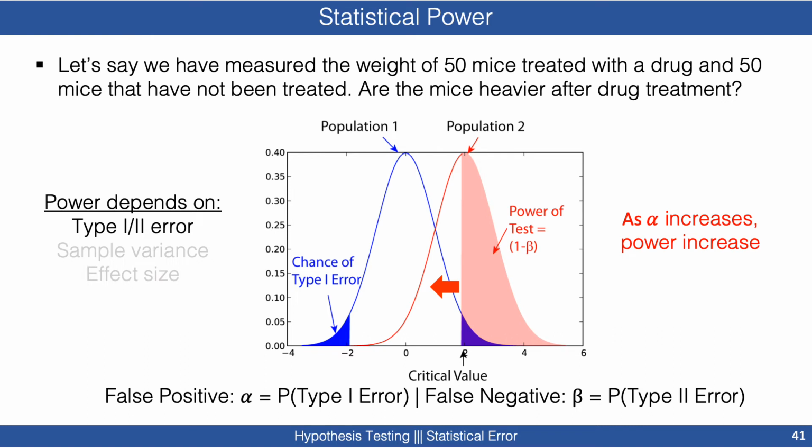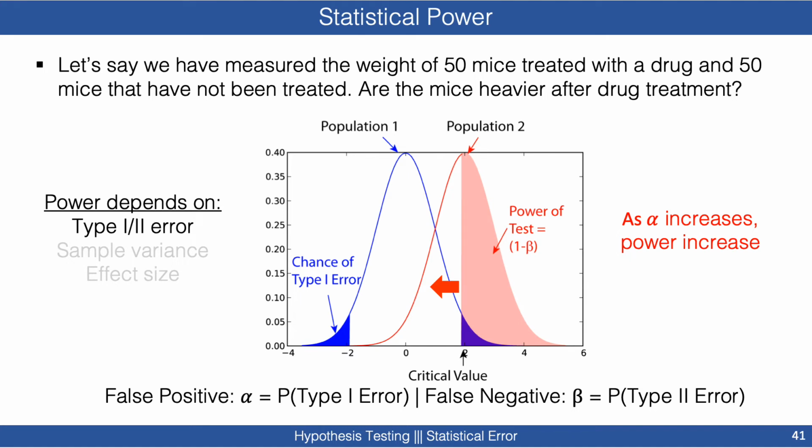As alpha is greater, you are moving your shaded pink to the left, but you are also incurring a higher type 1 error rate. So changing your significance threshold will increase your power at the cost of also increasing your false positive rate.